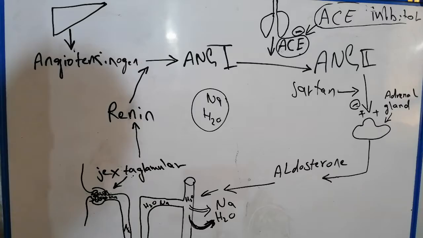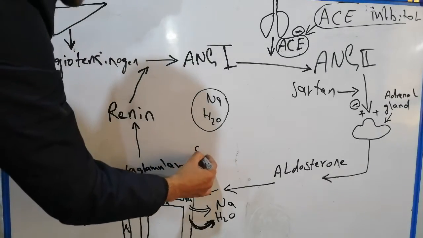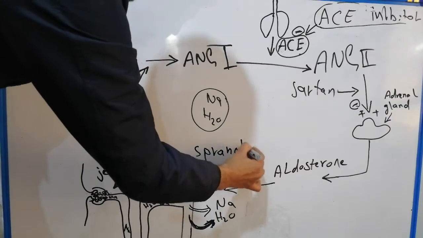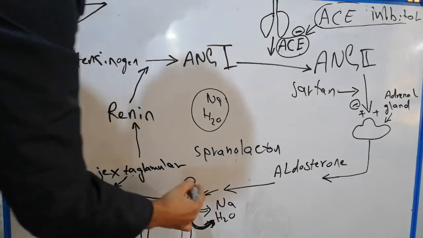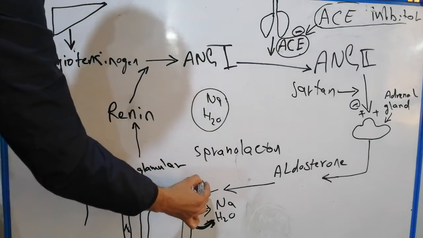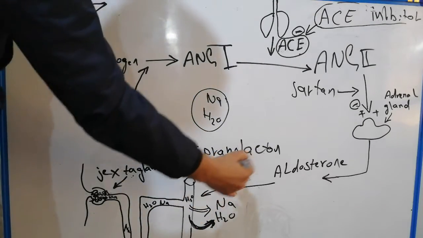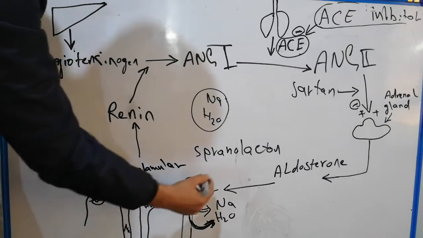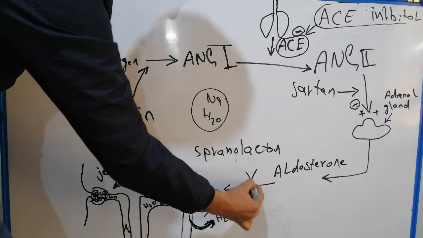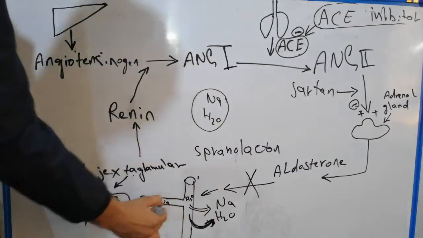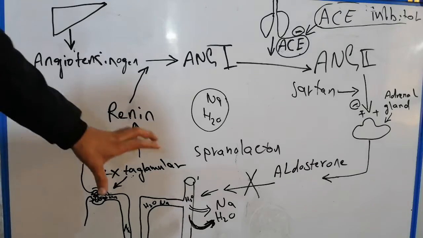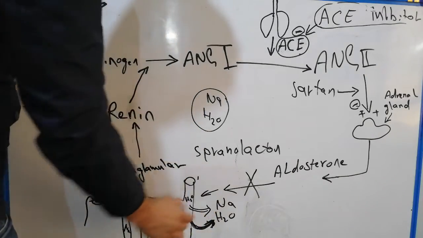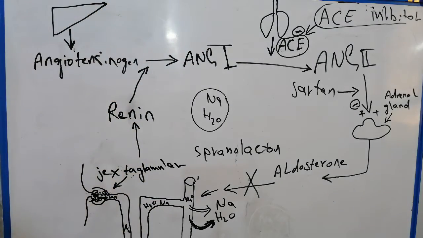There is also spironolactone. Spironolactone is blocking the receptors of aldosterone on the tubules of the nephron, so aldosterone can't stimulate the tubules of the nephron, and water and sodium can't be reabsorbed from the nephron.